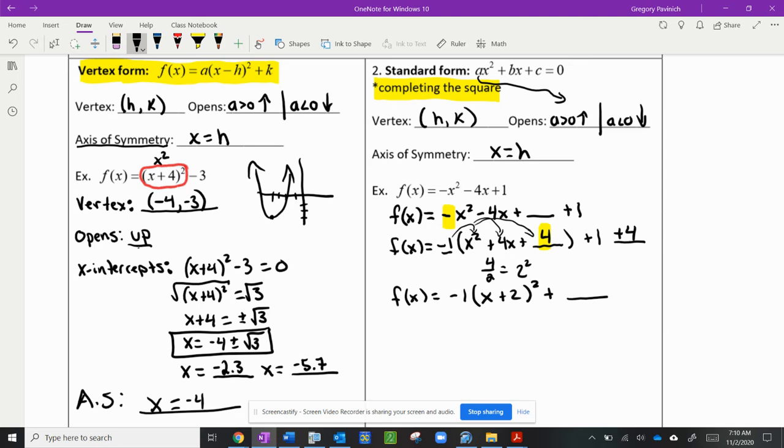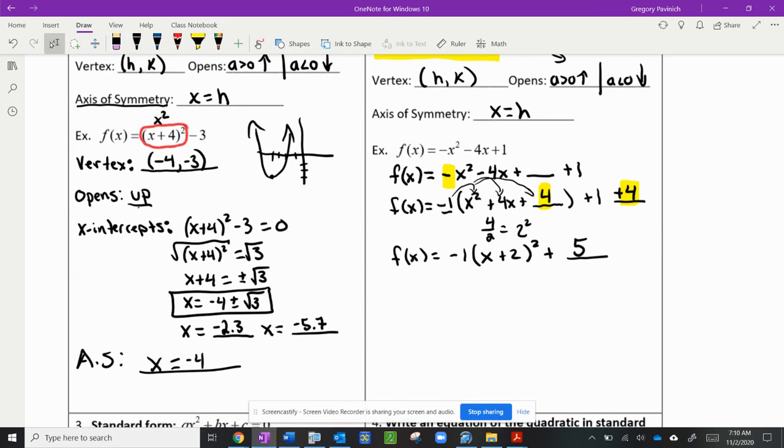Since the -1 is factored out, you have to be careful about what number you put in your blank, because the number I factored out is going to cause the number in the parentheses that I add to change. Okay, and so that's how I get a 5. So now I'm in vertex form.